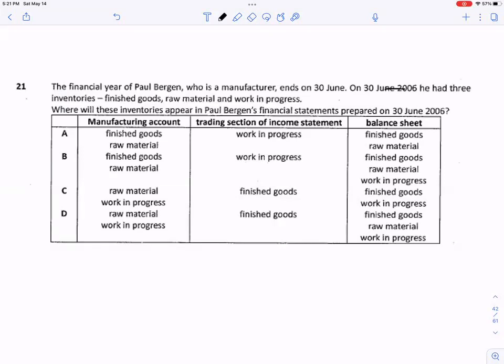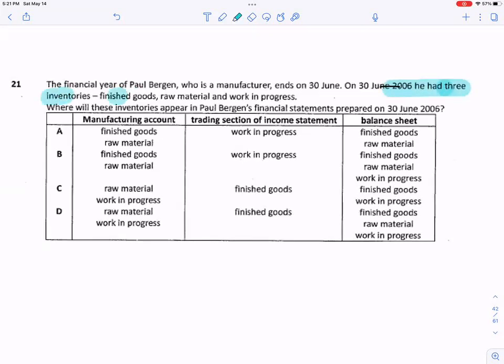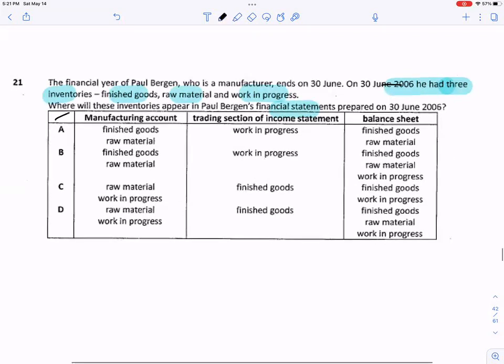On the last date, he had three inventories: inventory of finished goods, raw material, and work in progress. Where will these inventories appear in the financial statement? First I will see the manufacturing account. In the manufacturing account, we have two inventories that appear: inventory of raw material and work in progress.